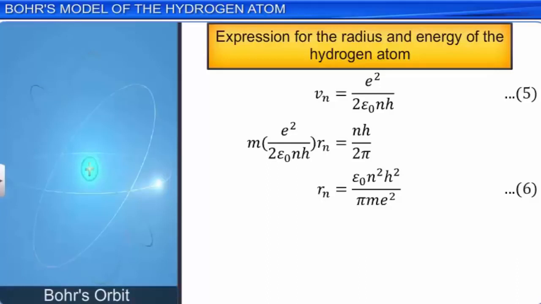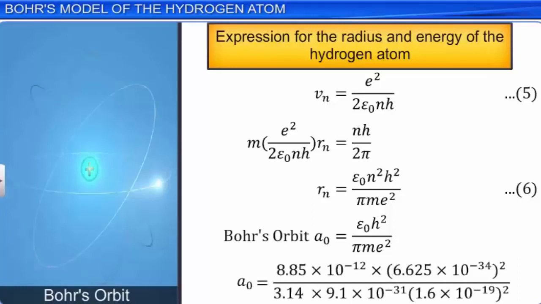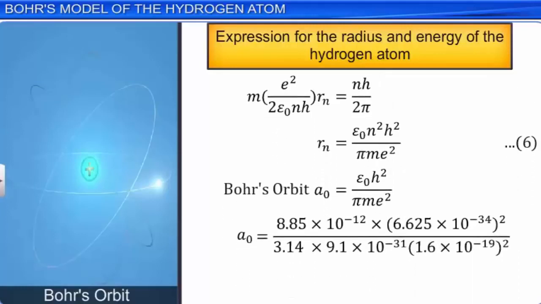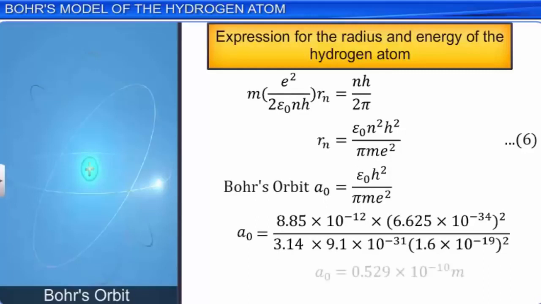Substituting the value of Planck's constant h, epsilon naught, and the magnitude of the charge of the electron e, and simplifying, we get A0 is equal to 0.529 into 10 to the power minus 10 meter, which is equal to 0.529 angstrom. From equation 6, it is clear that the radii of orbits are directly proportional to n square.